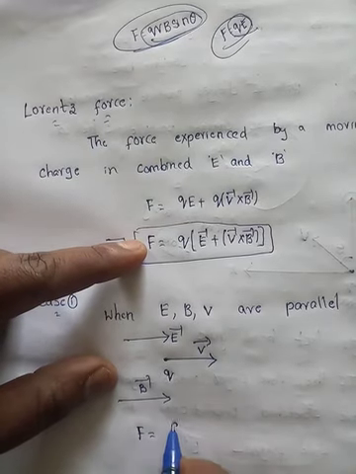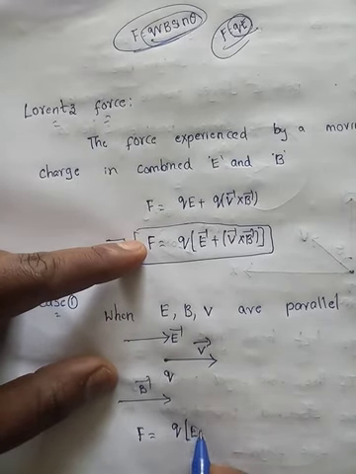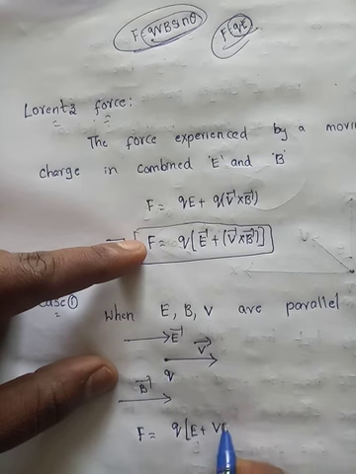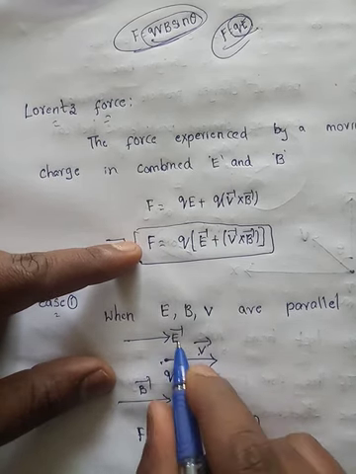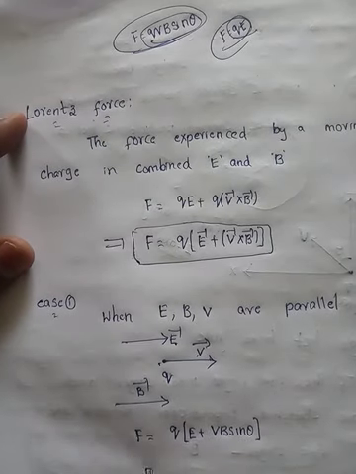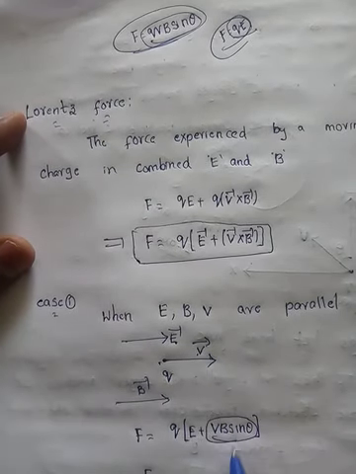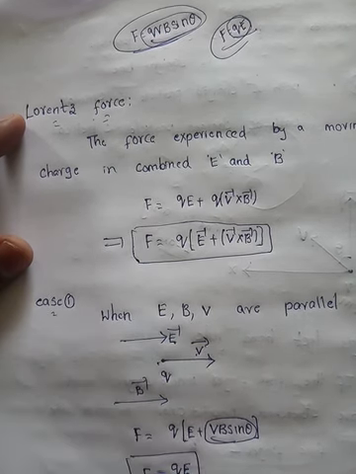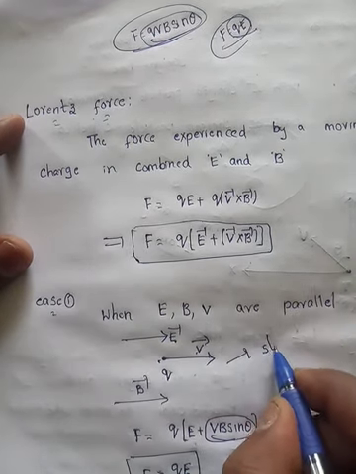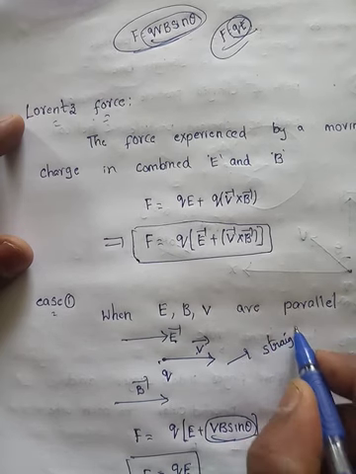F equals Q into E plus VB sin theta. What is theta here? Both are along the same direction, so theta equals 0, and this term becomes 0. It experiences only electric force, hence the particle moves without any deflection along a straight line.